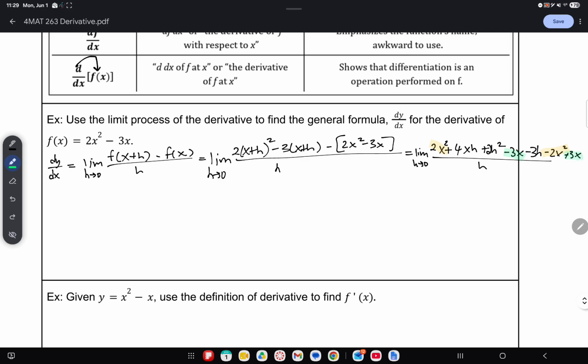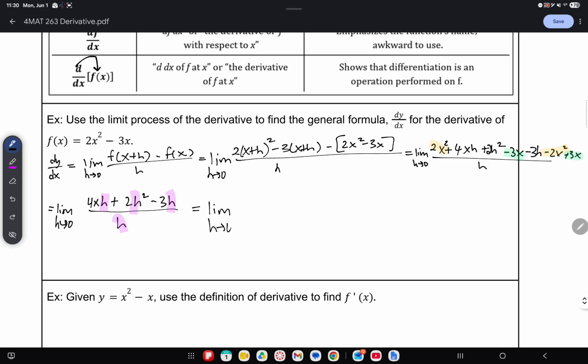minus 3x plus 3x. So I have the limit as h goes to 0 of 4xh plus 2h squared minus 3h all over h. Now again, we should see each of these terms has an h in it.